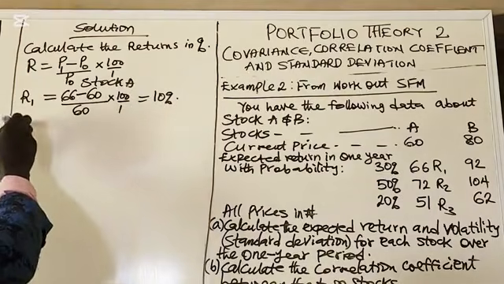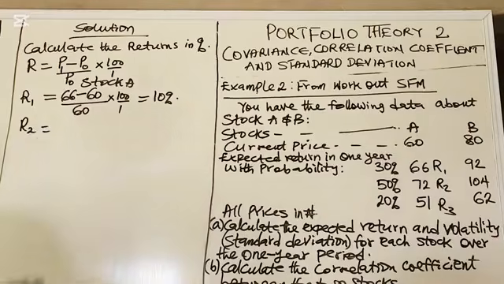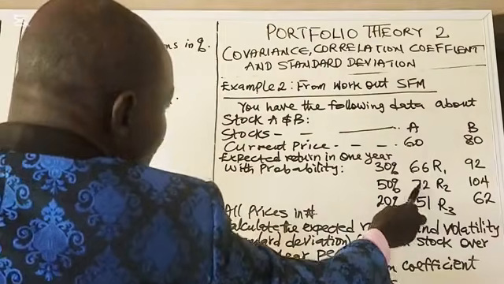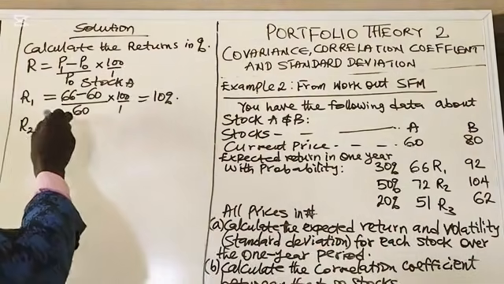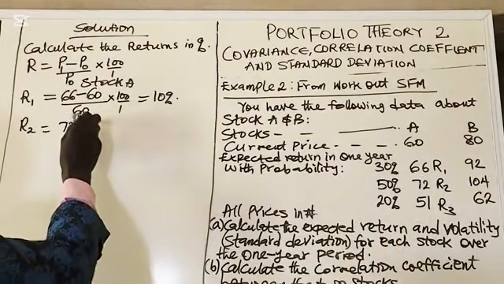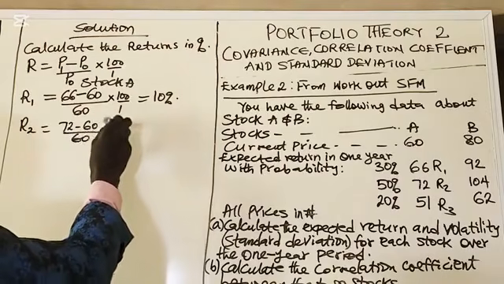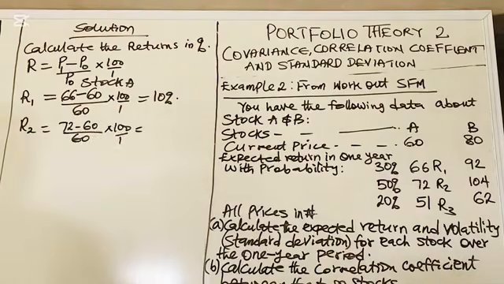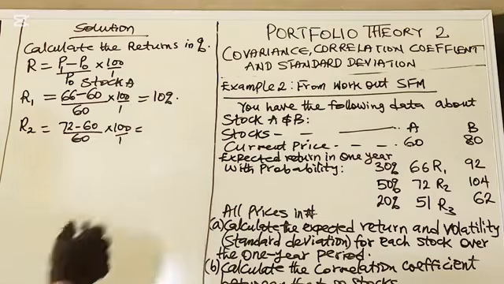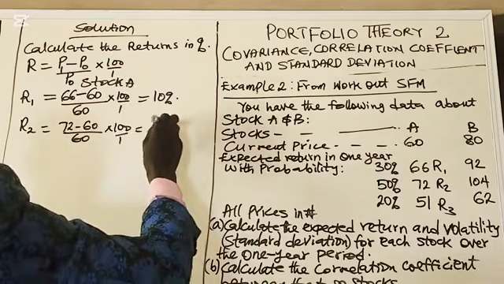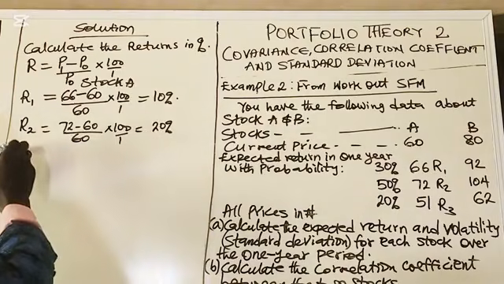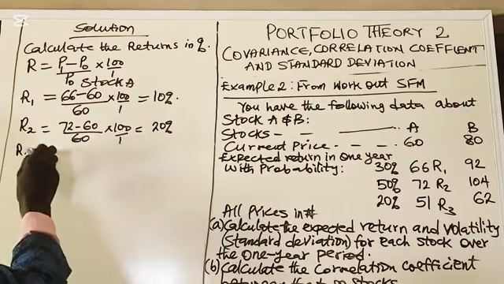Return 2. We have 72 minus 60 over 60 times 100. That is 12 divided by 60 times 100, which gives us 20%. Return 3, I mean the scenario 3.